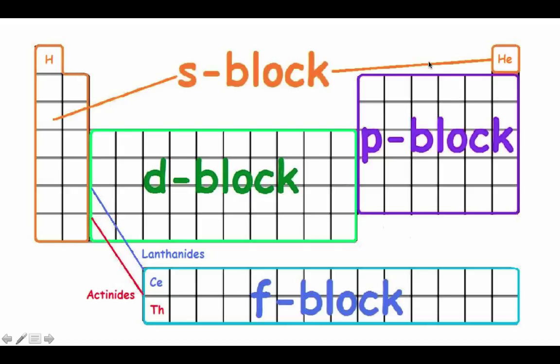Do notice that helium, atomic number 2, would probably more appropriately be here because its configuration is similar to elements in the S block, but it is a noble gas, which is why it's located there on the periodic table. This P block could be extended down to include the synthetic elements down here.